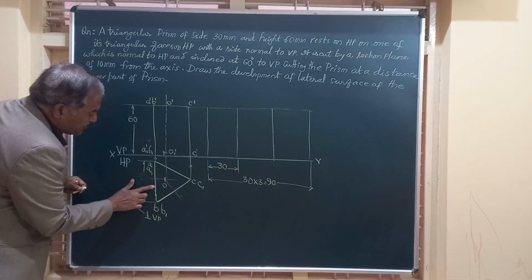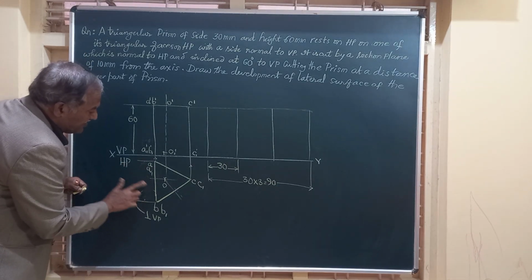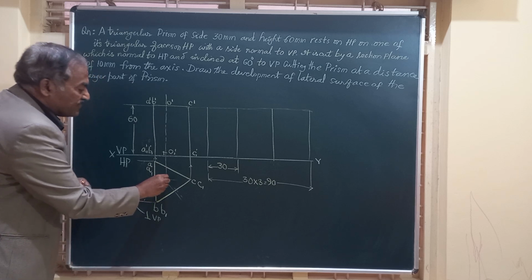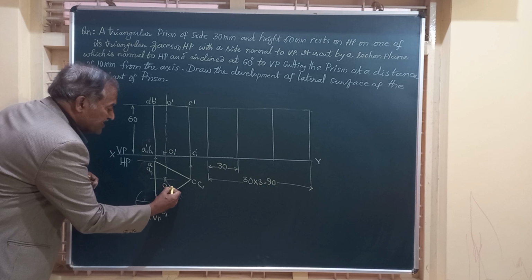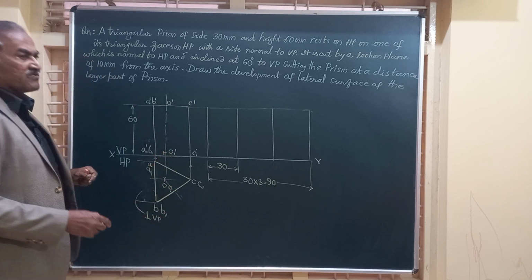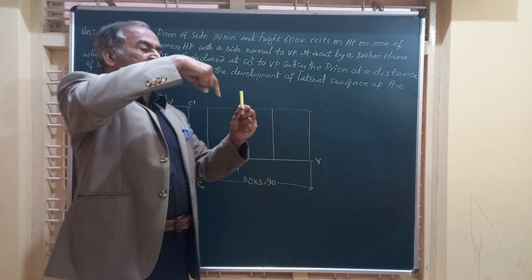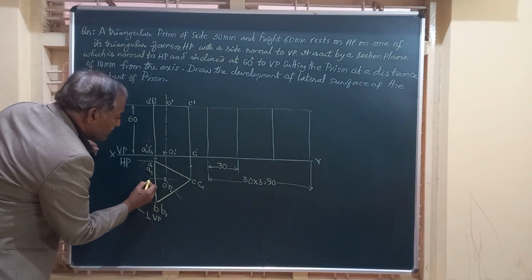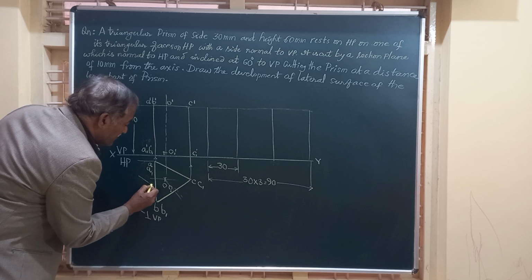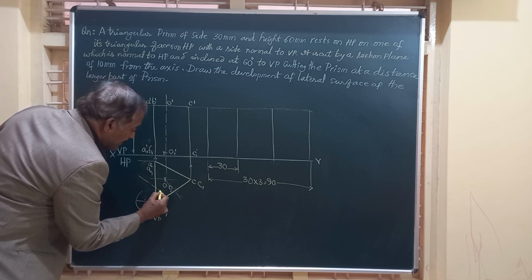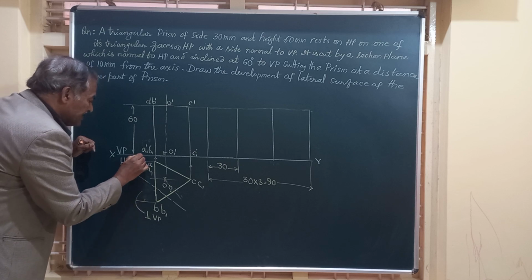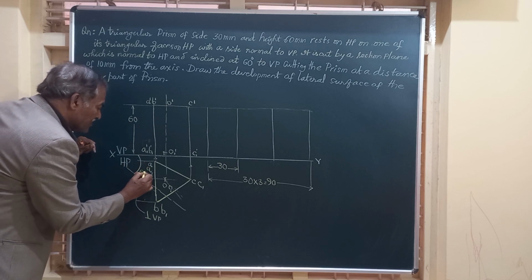I'll remove this portion to accommodate. So it is passing at a distance of 10 millimeters from the axis. This is O1, the axis, at a distance of 10 millimeter. That distance can be seen only in the top view. So from here, I am going to mark a line, that is the section plane inclined at an angle of 60 degrees to VP.